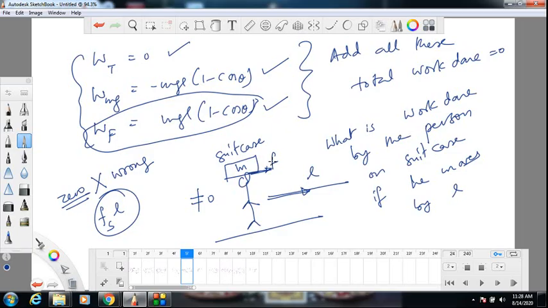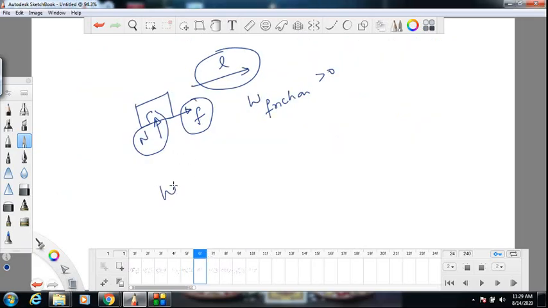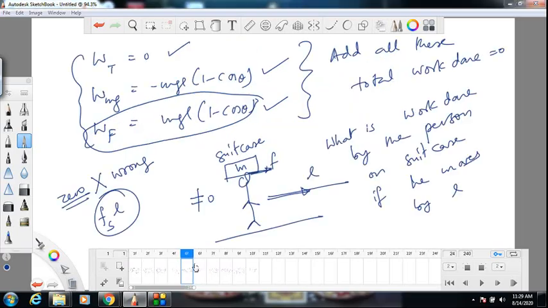Now one thing you should keep in mind: work done by a force is frame dependent. Work done by any force depends on the reference frame. Please be very careful. Even if it is an inertial frame, work done could be different. For example, for a stationary person, the suitcase is moving by distance L, so there is work done by friction.